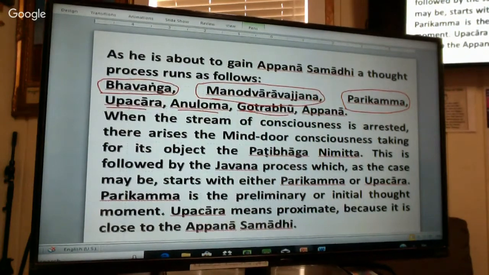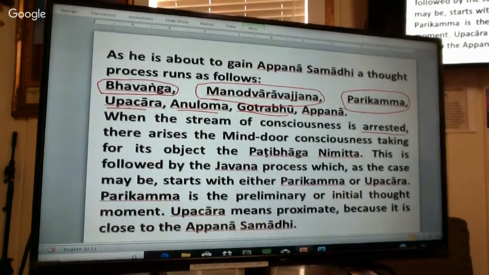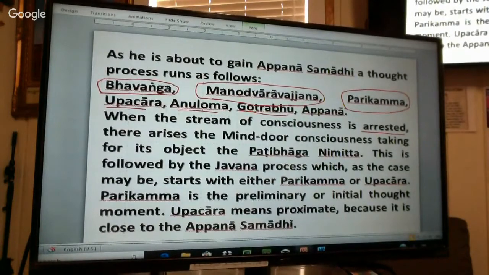So the stream of consciousness is arrested because the paribhaga nimitta very strongly absorbs our mind, so our mind never goes away from that object. That means the mind is absorbed with the object, the paribhaga nimitta.